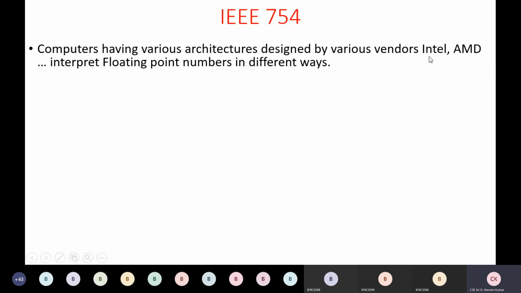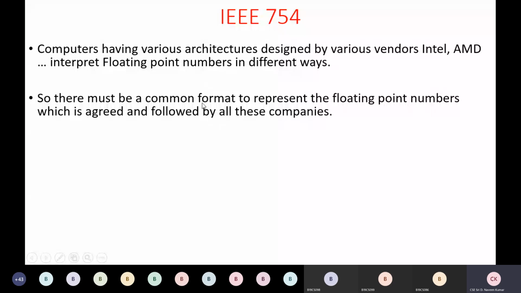So there is maybe no common format. That's why IEEE came up with a particular standard, a common format, so that all these companies agree with that format and design their architectures to follow a single common floating point representation format.